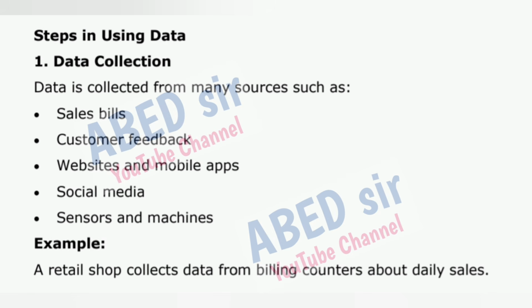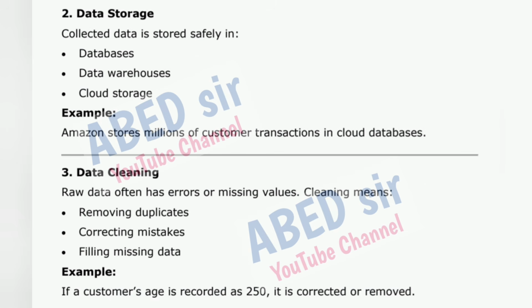Example: a retail shop collects data from billing counters about daily sales. 2. Data storage. Collected data is stored safely in databases, data warehouses, and cloud storage. Example: Amazon stores millions of customer transactions in cloud databases.